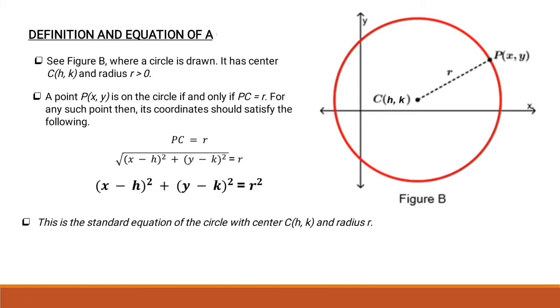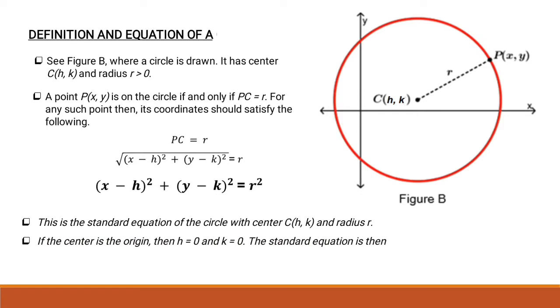Therefore, our standard equation is (x minus h) raised to 2 plus (y minus k) raised to 2 is equivalent to r squared. If the center is the origin, then h is equivalent to 0 and k is equivalent to 0. The standard equation is then x squared plus y squared is equivalent to r squared.